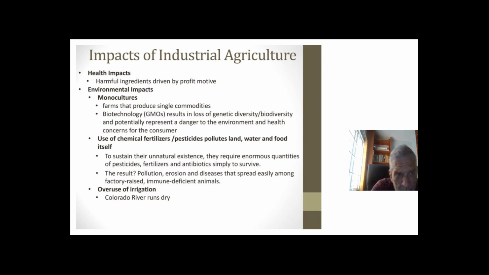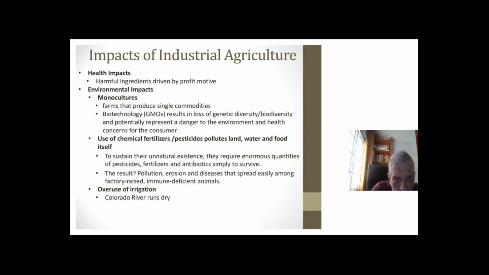So impacts of industrial agriculture, and these are these large farms where you grow one type of crop. It's harmful ingredients. That's all we really do, we care about profit. So the health impacts might be high because we're concerned about profit only.